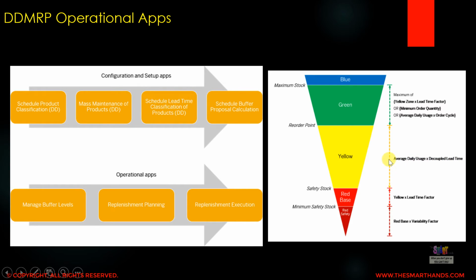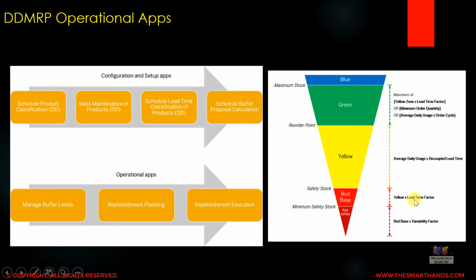So the system first calculates this yellow point, which is the reorder point, and then the system calculates the red base, which is the safety stock. For example, if the result for the reorder point is 50, the system will multiply that 50 by the lead time factor to calculate the safety stock.